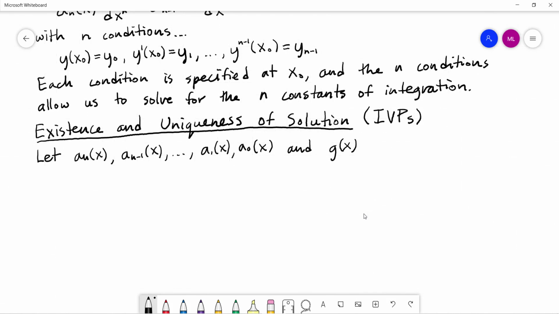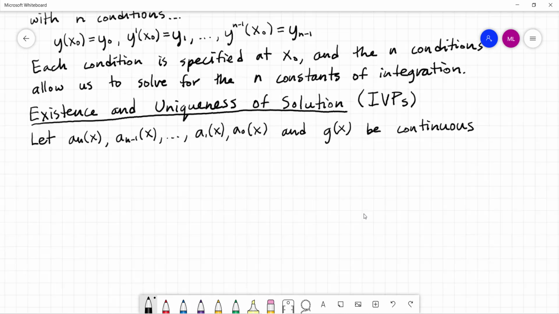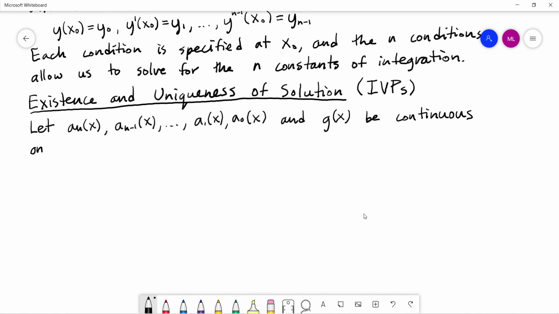So let these be continuous, well-behaved normal functions on an interval, the interval that we're interested in solving the differential equation on, some interval that we'll just call I generically.